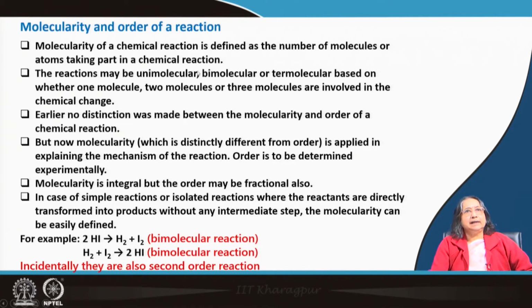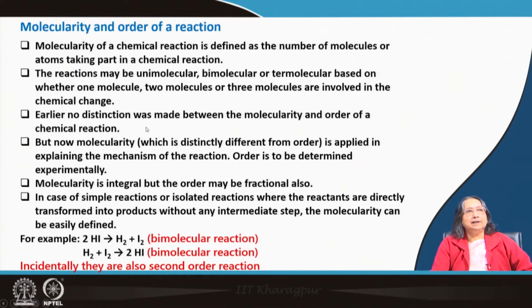In that sense, the reaction may be unimolecular, where only one molecule is reacting, then it can be bimolecular, where two molecules are reacting, it may be termolecular, where three molecules are reacting, and earlier we did not distinguish between the molecularity and order of a chemical reaction.